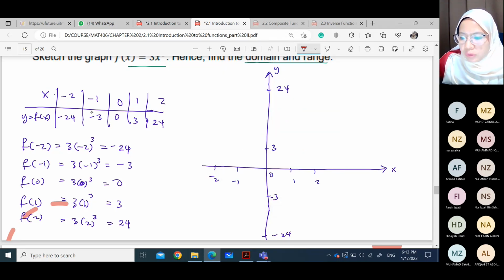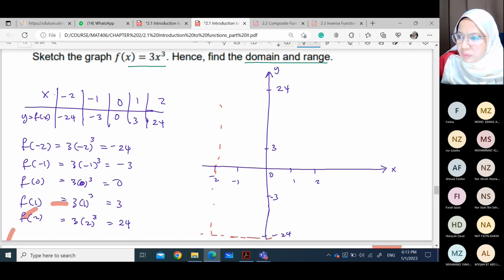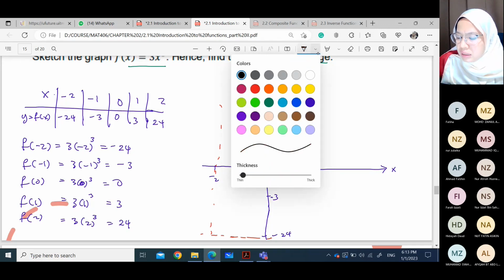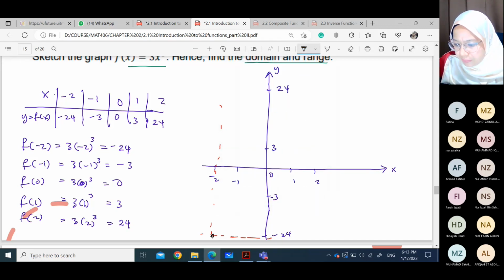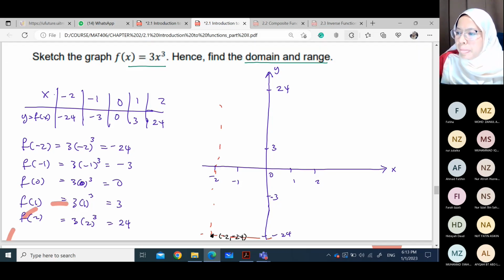Okay, so X negative 2. Kita buat satu garisan negative 2. And Y is negative 4. So the point here is kat sini. Point dia adalah kat sini. Ini point dia. Okay, so this point is about negative 2, negative 24.